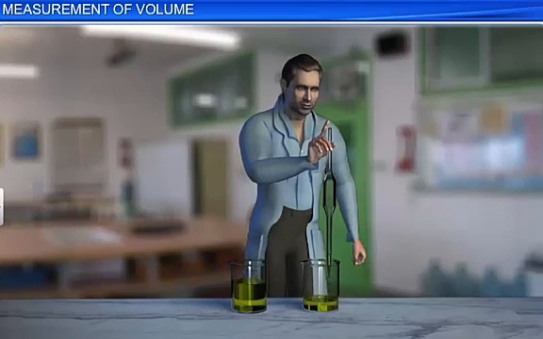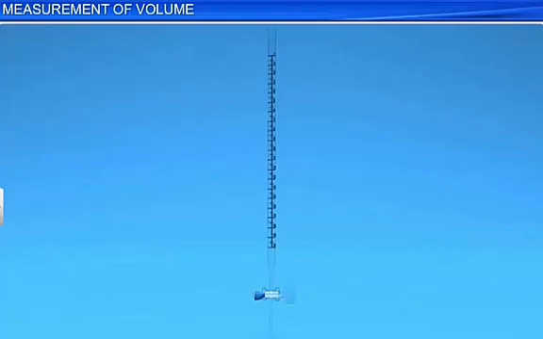By using a pipette, we can collect only a fixed amount of liquid. We cannot collect the fractions of the volume displayed on the bulb. To collect fractions of a certain volume, we use another device called the burette.